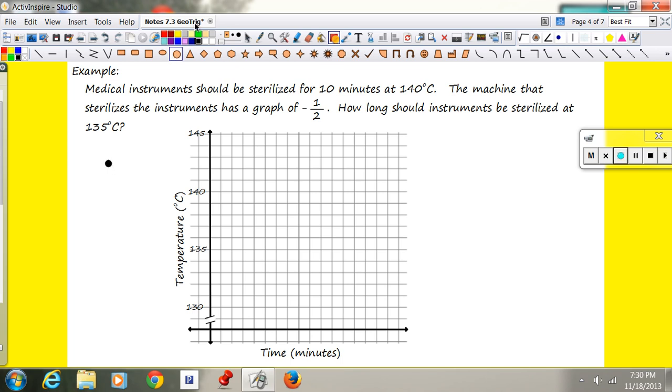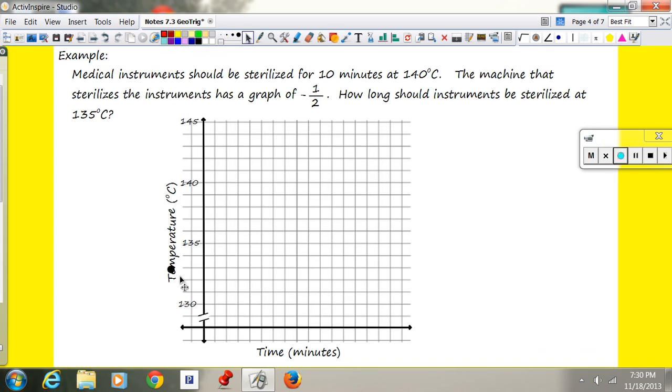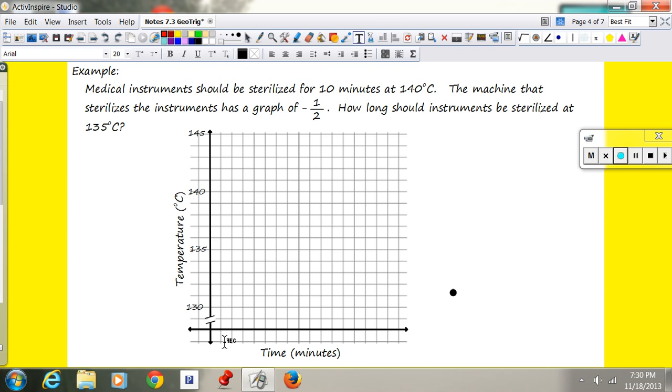So let's make a point at 10 minutes. So let's see on the bottom. Let's do it by 2s. 2, 4, 6, 8, 10.